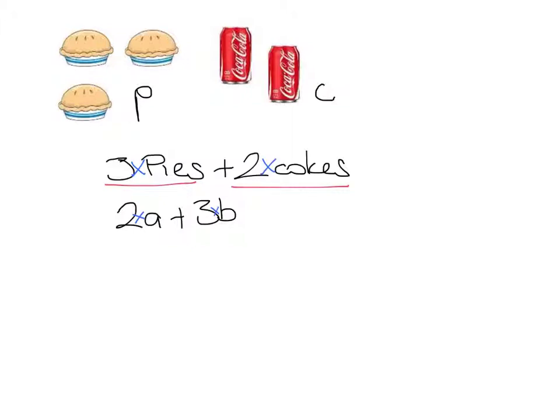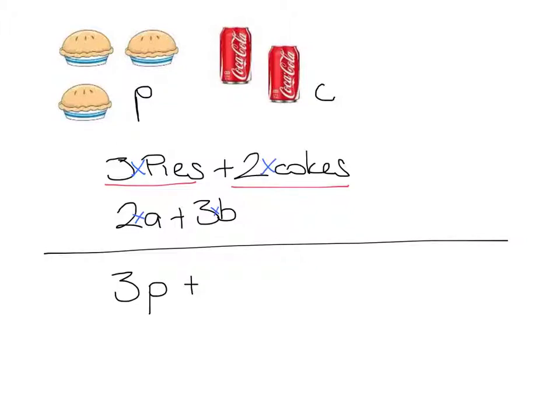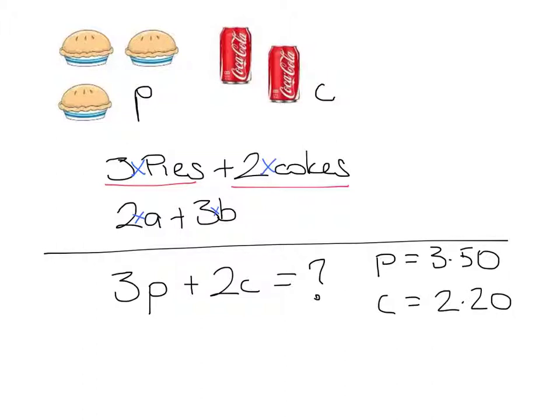So let's rewrite this equation. 3P plus 2C equals what? Well, we know that P equals 3.5 or $3.50 and C equals 2.2 or $2.20. Let's work it out.